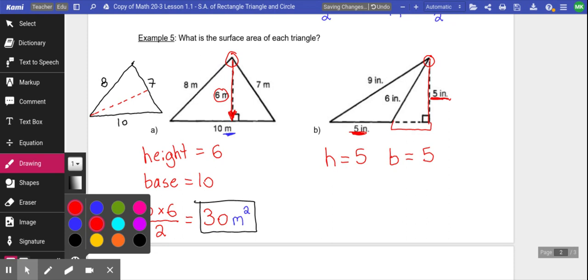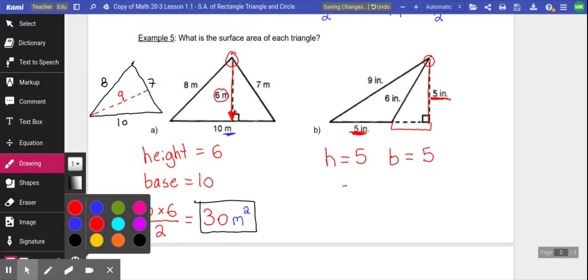And they could say, oh, that height is 9. And now my height would be 9, but my base would become 7. Trippy, right? That's why you always got to figure out where that height is connecting to so that we can use that as our base. Ones like that are always really trippy.